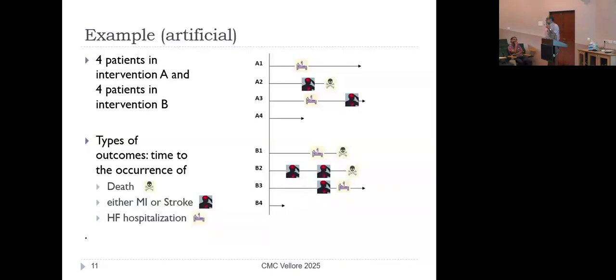There's time to first event of any of the things in the composite. We did the win ratio, now we have to look at which is the hierarchy and so forth and calculate that, but that's not time to event analysis. So the choice of your primary outcome will determine your result.